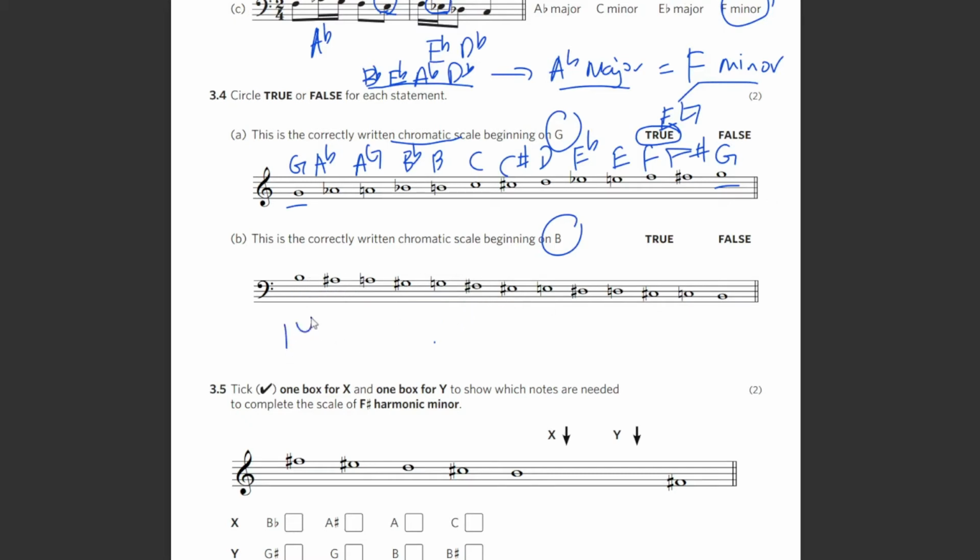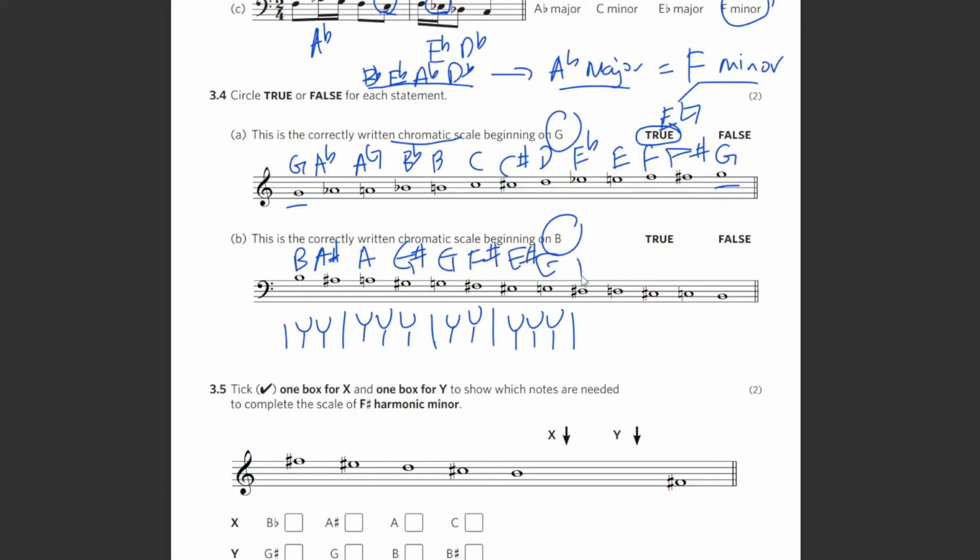Now let's draw the piano. So this is B, A sharp, A natural, G sharp, G, F sharp, E sharp, E, D sharp, D, C sharp, C, and B.